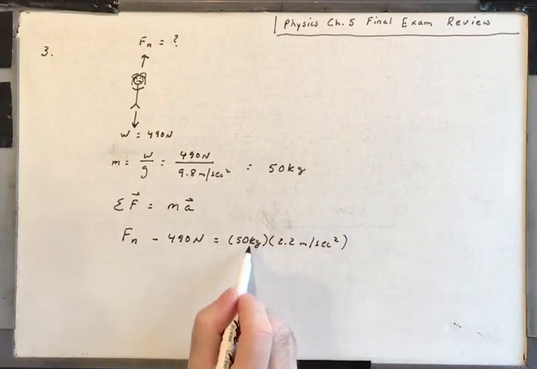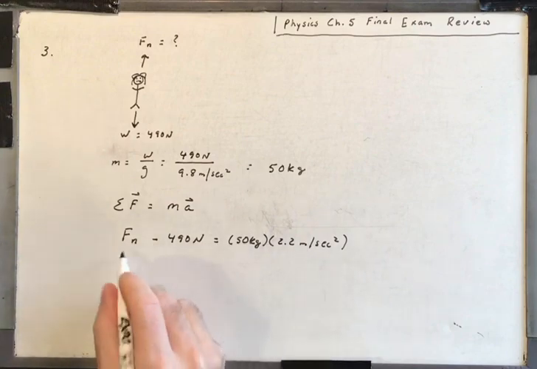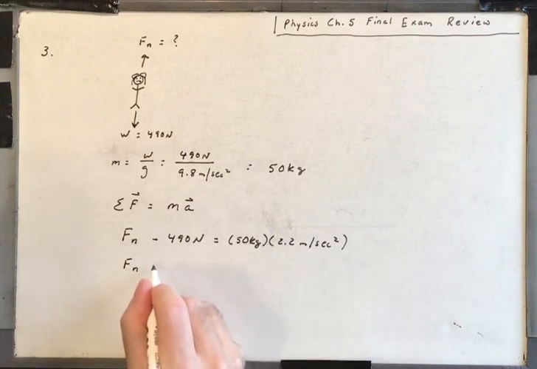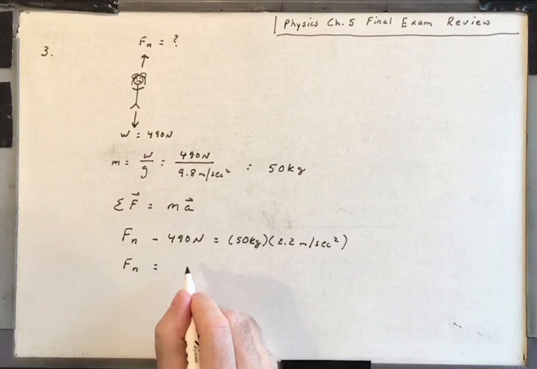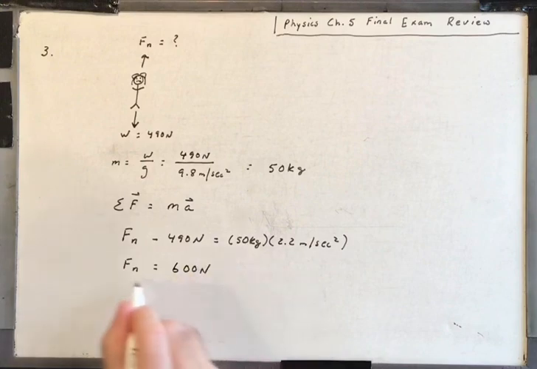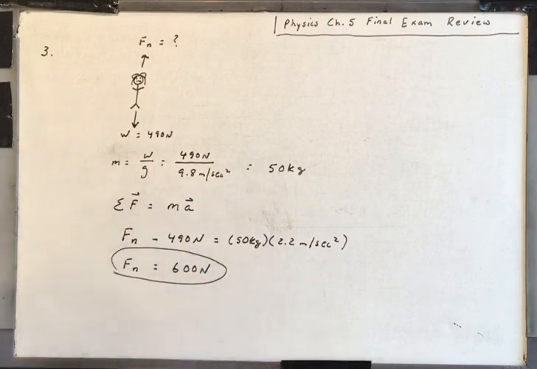All right, so 50 times 2.2, and then add 490, and you will get the force that the elevator is putting on Tyler as 600 newtons. All right, so there you have it. Pause the video if you're still writing, and I will move on to number 4.